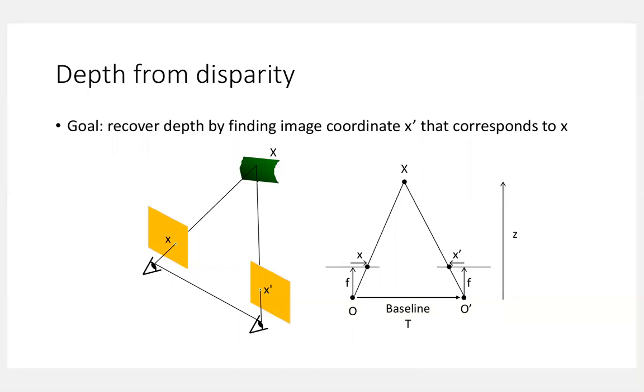Here we assume these two eyes are completely parallel, like they're seeing completely in front, in parallel. Note that in general, for example in epipolar geometry, we don't need to set up like this. We can have a more general setup.